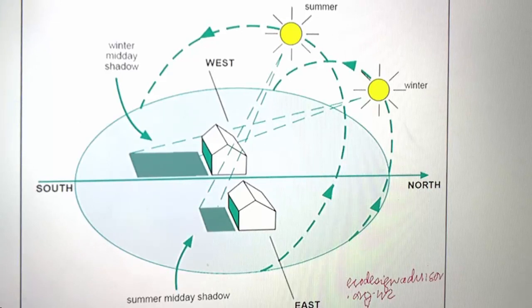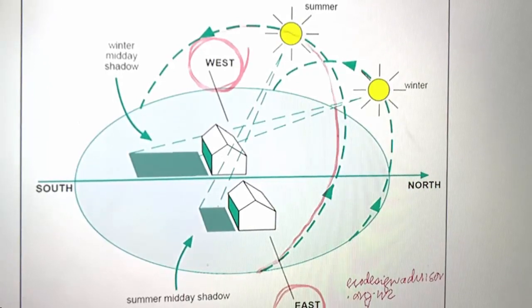As you know, the sun has a certain path. I mean, this is a metaphor. Actually, it's the earth that has a position towards the sun, not the other way around. We are trying to capture the concept in a way that makes it easy for us to understand what's going on. So as you can see here, the sun rises from the east and sets in the west. And there are two major sun paths the sun takes vis-a-vis your building.